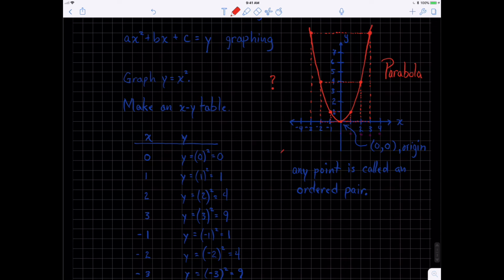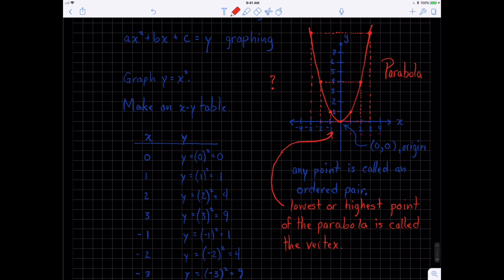In this case, the lowest point here, and some parabolas can actually go down, so the lowest or highest point of the parabola is called the vertex.